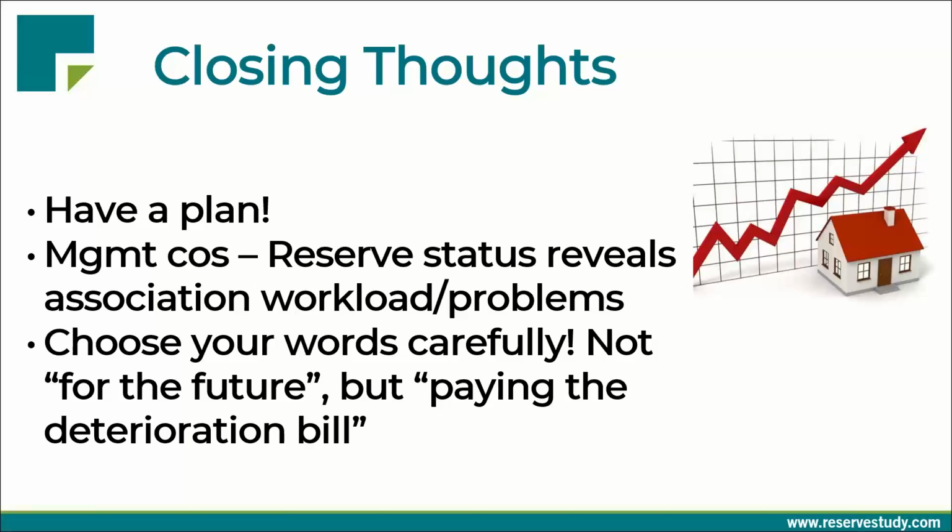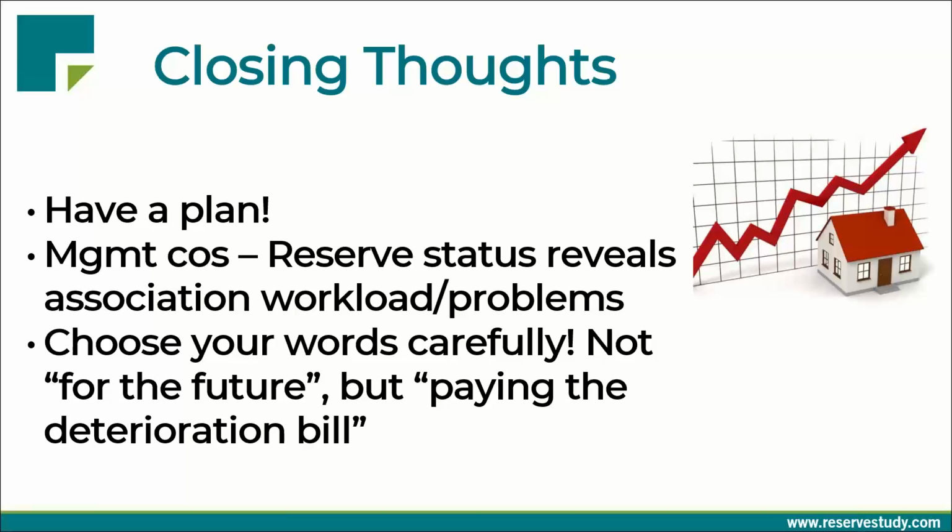For those of you who are with management companies, look at the reserve status of the client. You can guide them toward a future. You know that the lower the reserve fund, the more tension and trouble and special assessments there's going to be at the property. It's just not going to be a very profitable association to manage. It's going to start to suck a lot of time. And I want to leave you with a nice helpful hint.